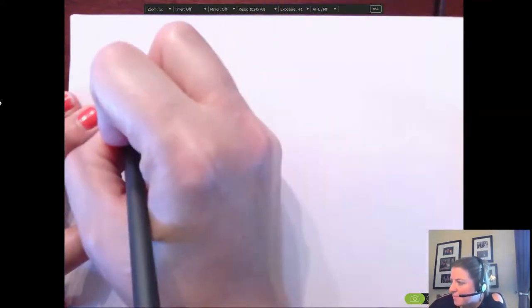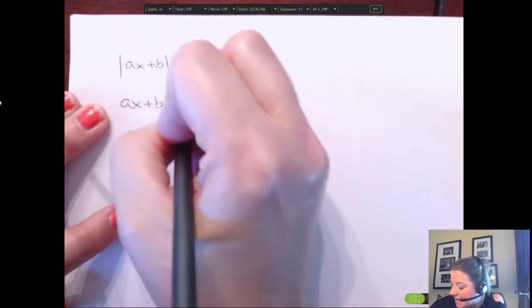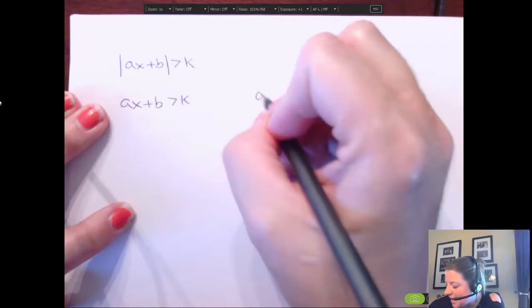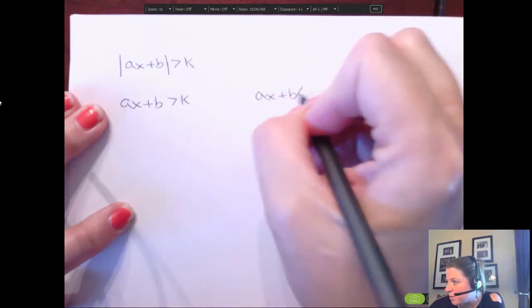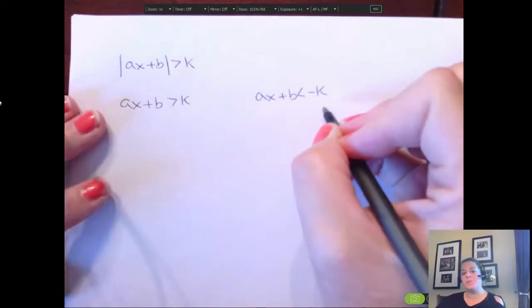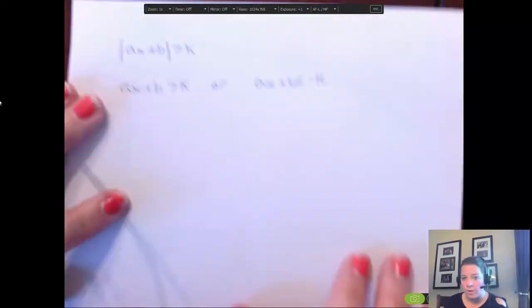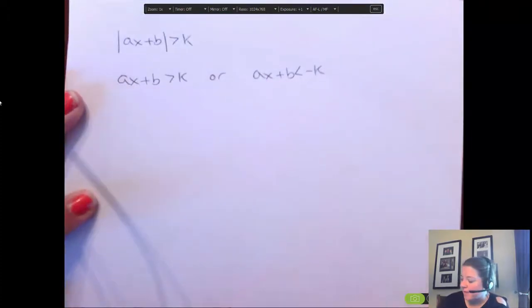So it would be x plus 2 is greater than k, exactly what I see, and then you switch both the inequality and the negative. You have to switch both signs, and it would be this one or this one. I will give you an example of that.